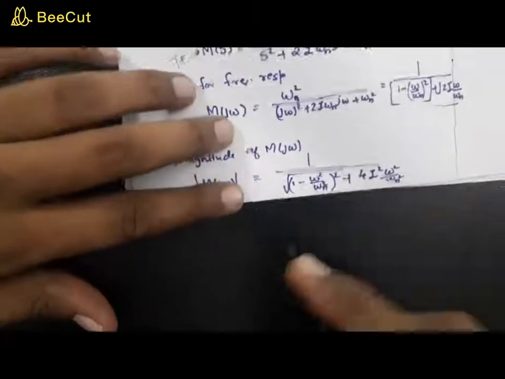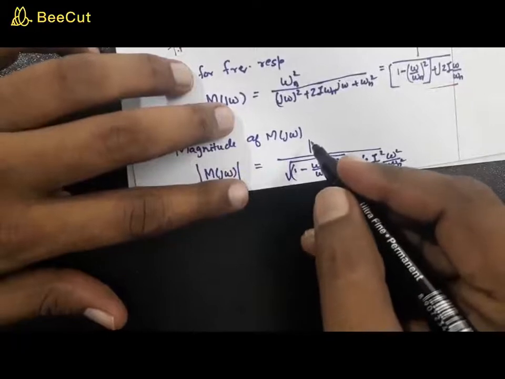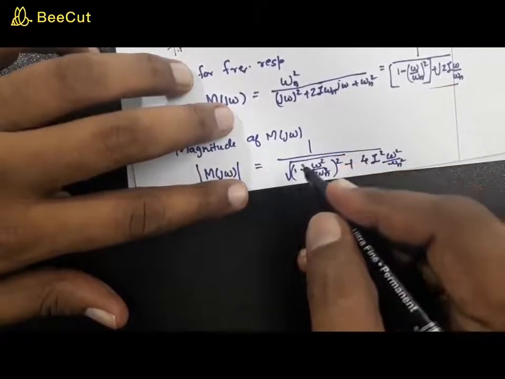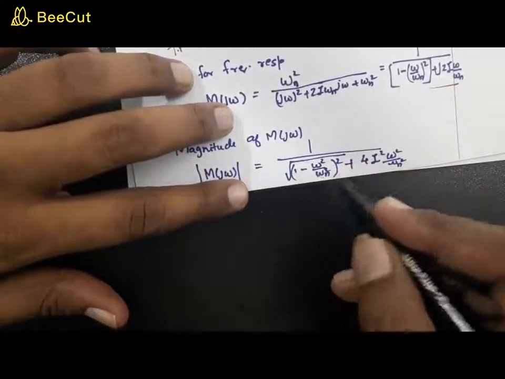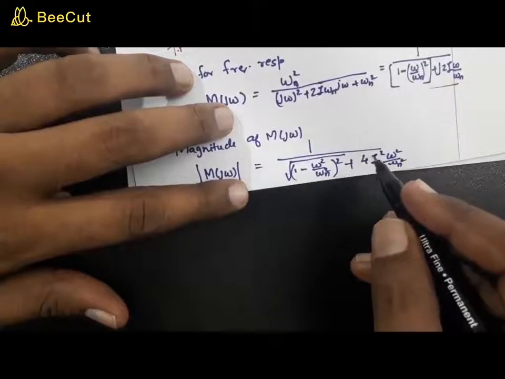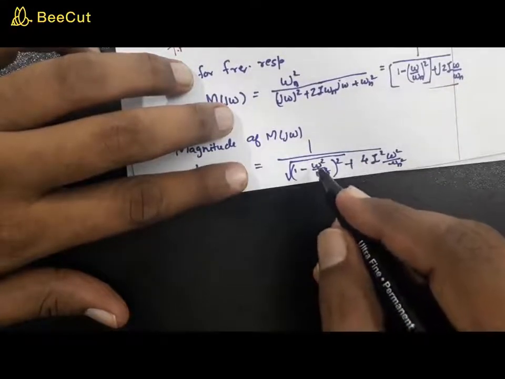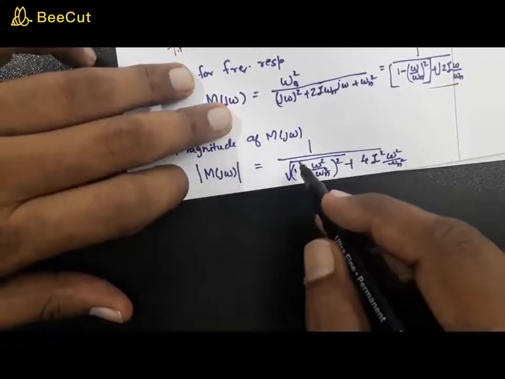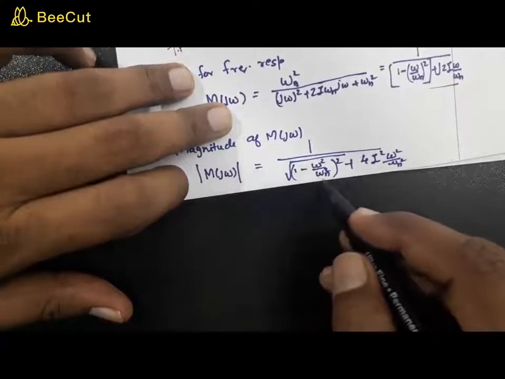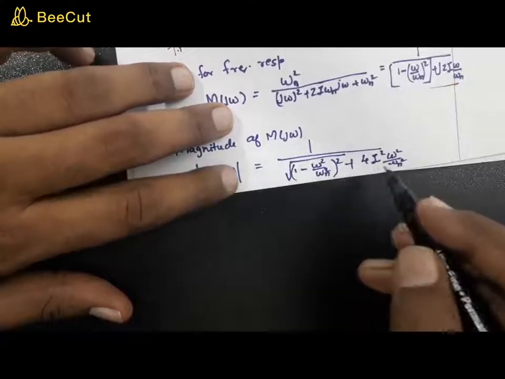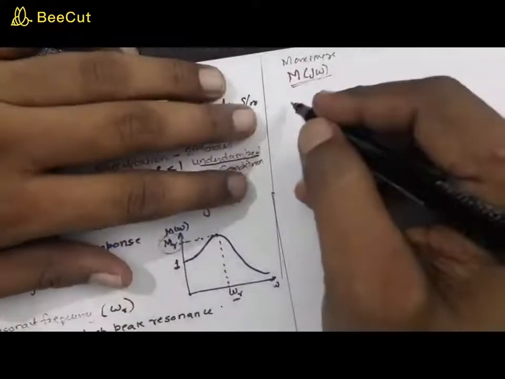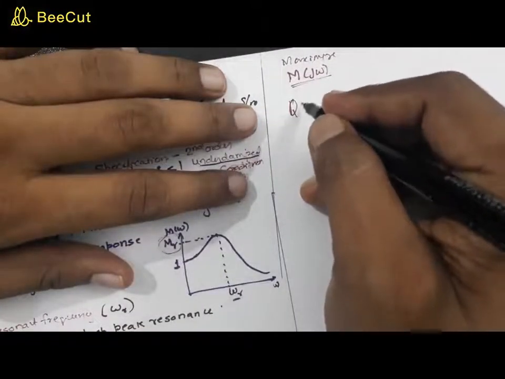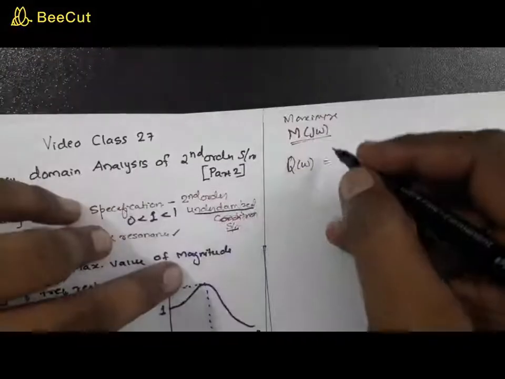When you look at this, you can see that the numerator remains 1. It is the denominator which depends on the frequency. So you can have the condition in terms of frequency for the maximum value of M of j omega by minimizing this denominator. Let me call this another Q of omega, as root of (1 minus omega by omega n the whole square) plus 4 zeta square omega by omega n the whole square, right?